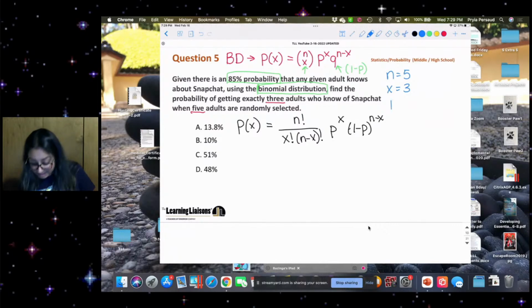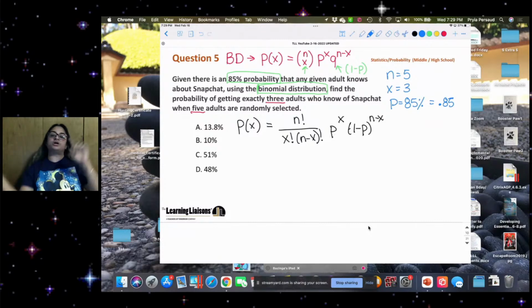My probability is 85%. But remember, we can't use percentages. We have to turn them into decimals. So we move the decimal 2 places to the left, or we divide by 100, or we say 85 percent, cent sounds like cents, which is money, and we turn it into a decimal. Lots of different ways of doing that. Now it's as easy as plugging it in and getting out an answer.